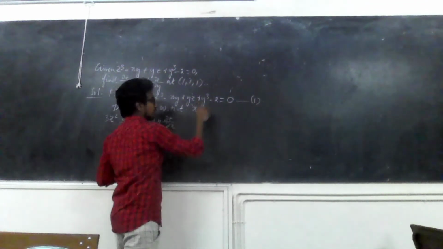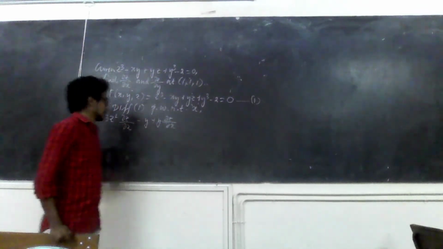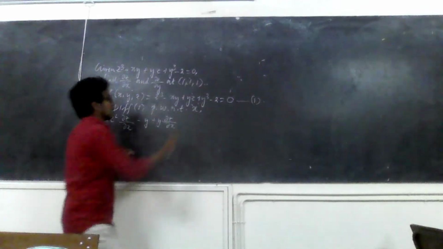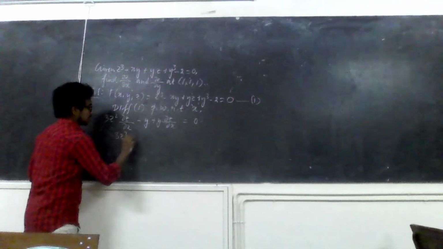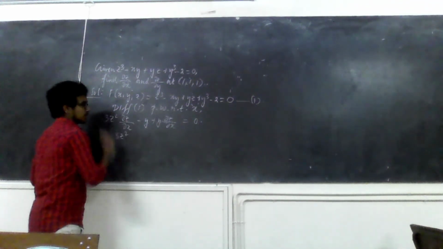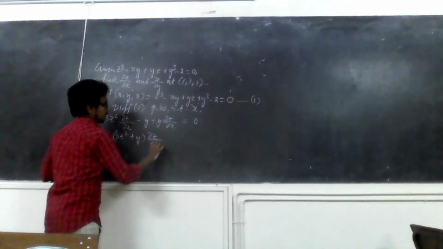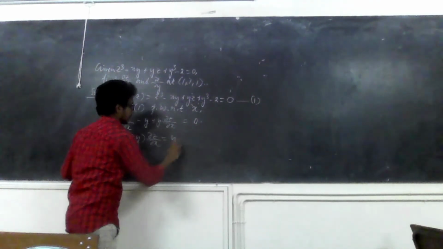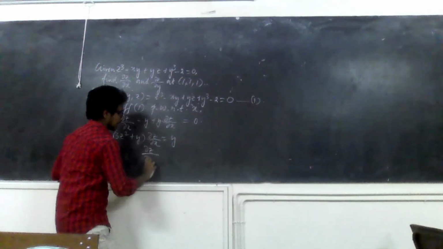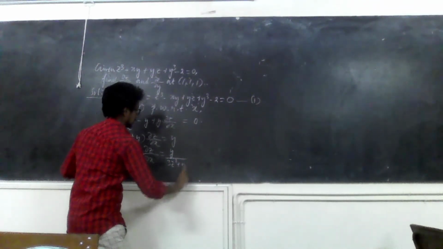And when you differentiate y with respect to x, it is 0, and the derivative of 2 is again 0. So this is what you are having, and is equated to 0. Now if you take the terms which involve del z upon del x, and minus y when it is taken to the next step becomes y. Therefore, your del z upon del x is going to be y upon 3z square plus y.